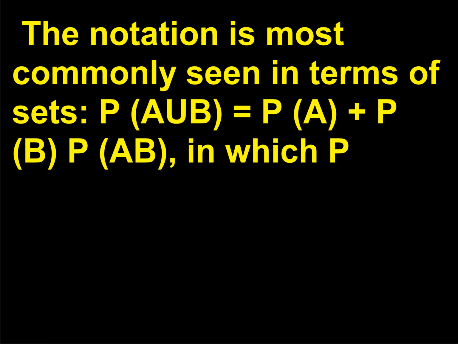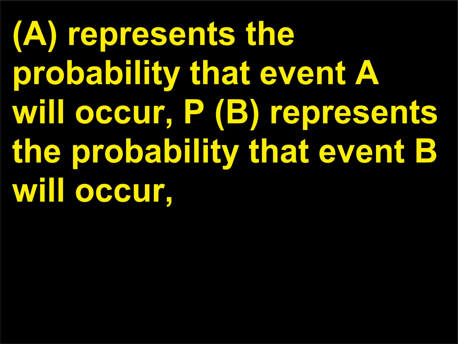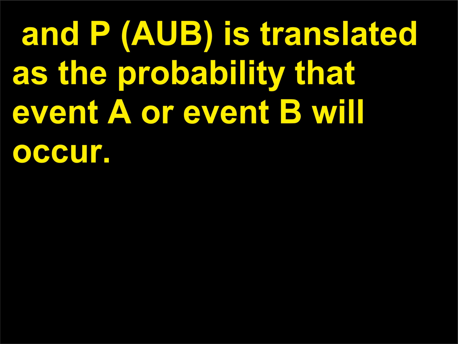The notation is most commonly seen in terms of sets: P(A ∪ B) = P(A) + P(B) − P(AB), in which P(A) represents the probability that event A will occur, P(B) represents the probability that event B will occur, and P(A ∪ B) is translated as the probability that event A or event B will occur.